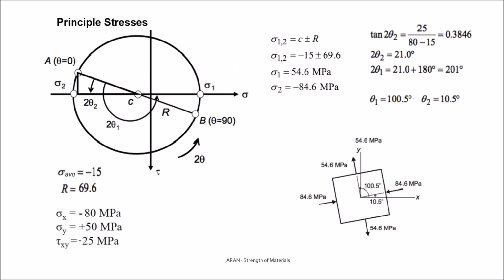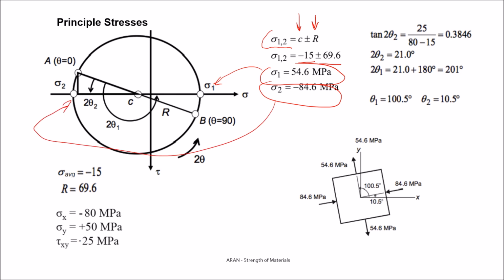So we can determine sigma 1 and sigma 2: location of the center plus minus R, minus 15 plus minus 69. Sigma 1 is 54, sigma 2 is minus 84. Now I have the principal stresses.